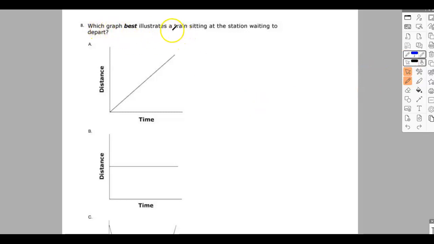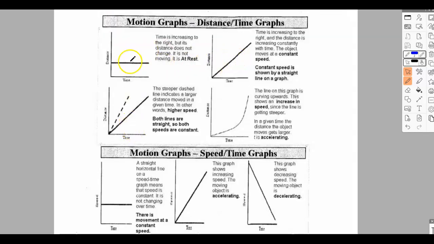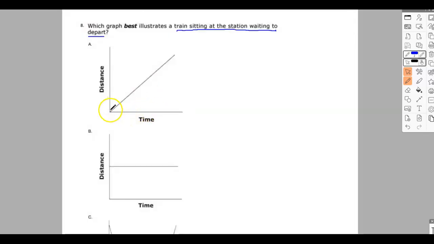What graph illustrates a train sitting at the station waiting to depart? Waiting to depart means waiting to leave. The depart word could throw somebody off if you don't know what that means. So I look at this, I see these motions here. This train is going at a constant speed. It is not waiting, so this is not the answer.